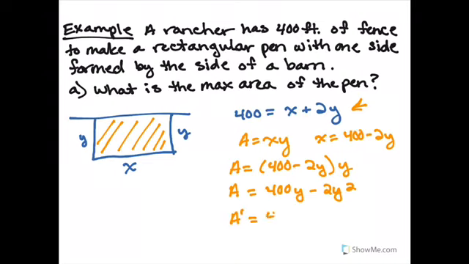So my derivative is going to be 400 minus 4y. And if we set that equal to 0, I can add 4y to both sides, and we're going to get y equals 100.